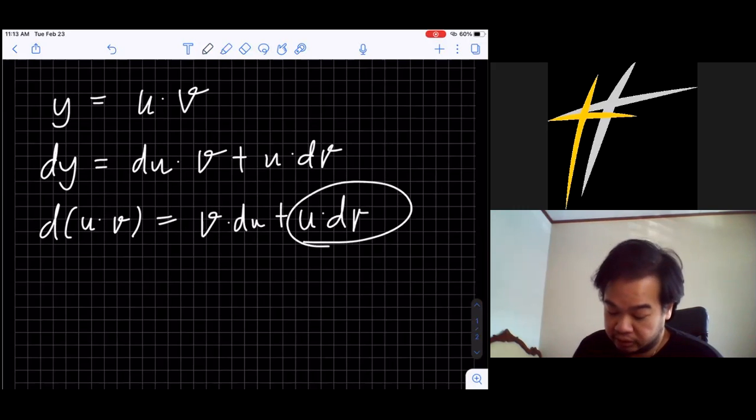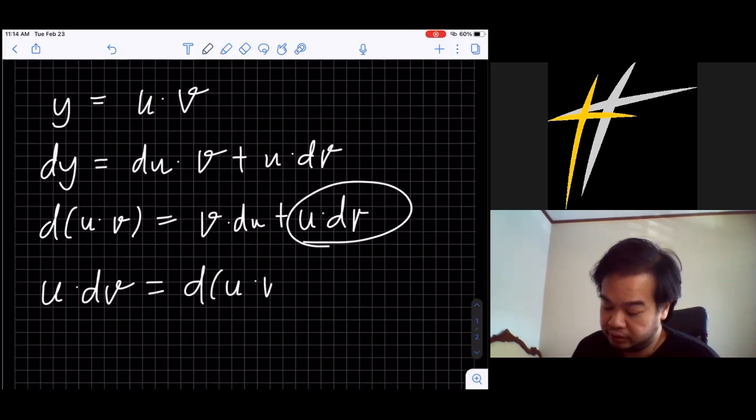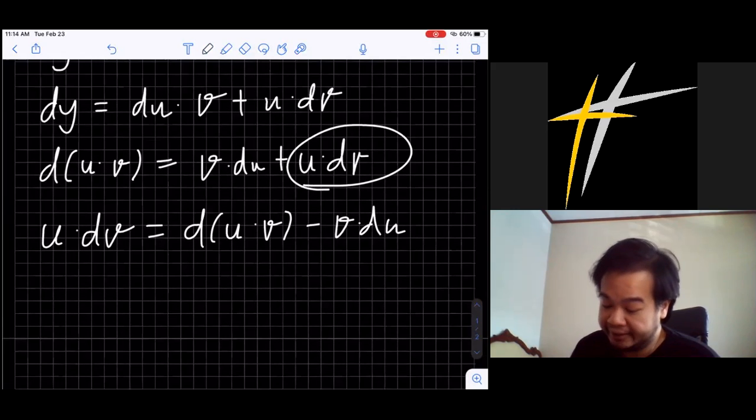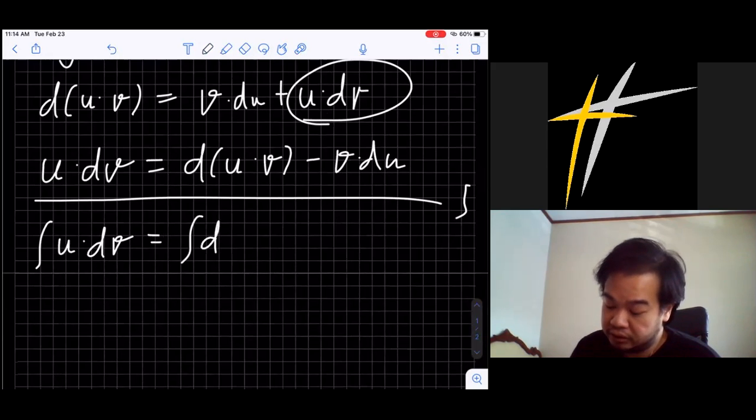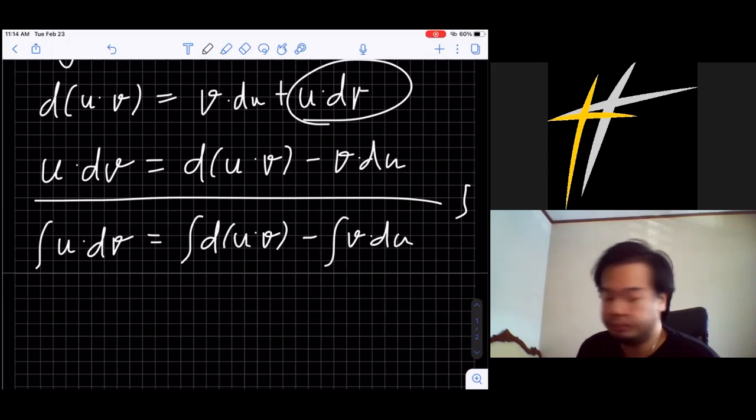If I isolate u dv, it will be equal to d of u times v minus v du. And if I integrate both sides, then I will have the integral of u dv is equal to the integral of d of u times v minus the integral of v du. Yeah, I can separate the integral in subtraction.